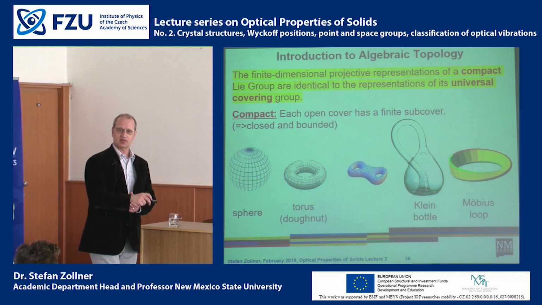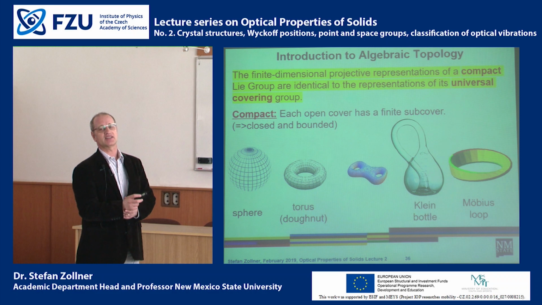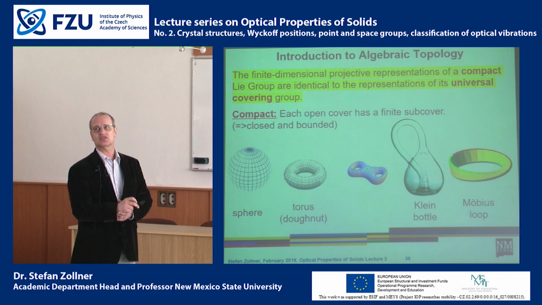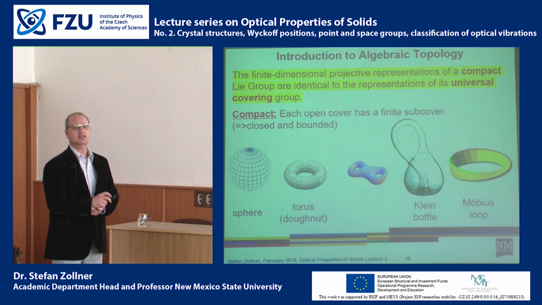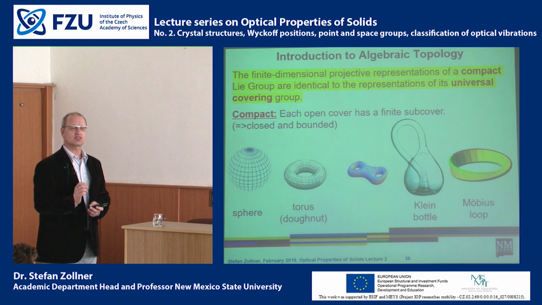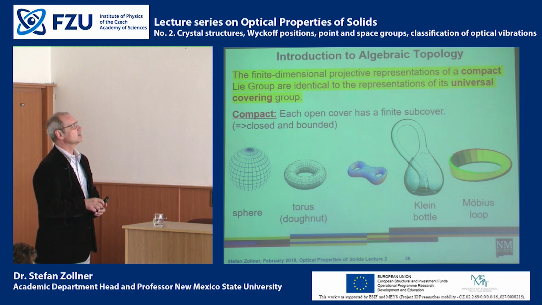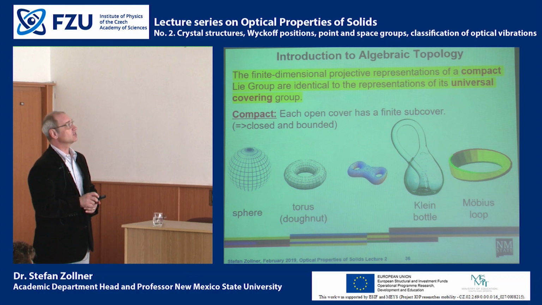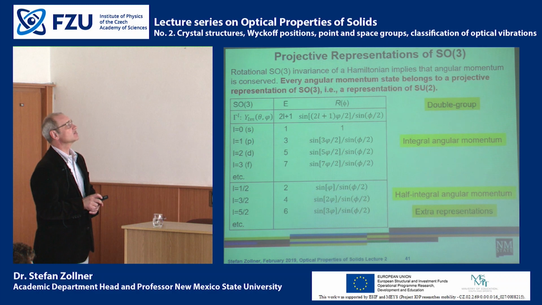So the projective representations of SO3 are identical to the representations of SU2. So that means that because the phase in quantum mechanics is undetermined, that's where the half-integral representations come from, the half-integral spins.